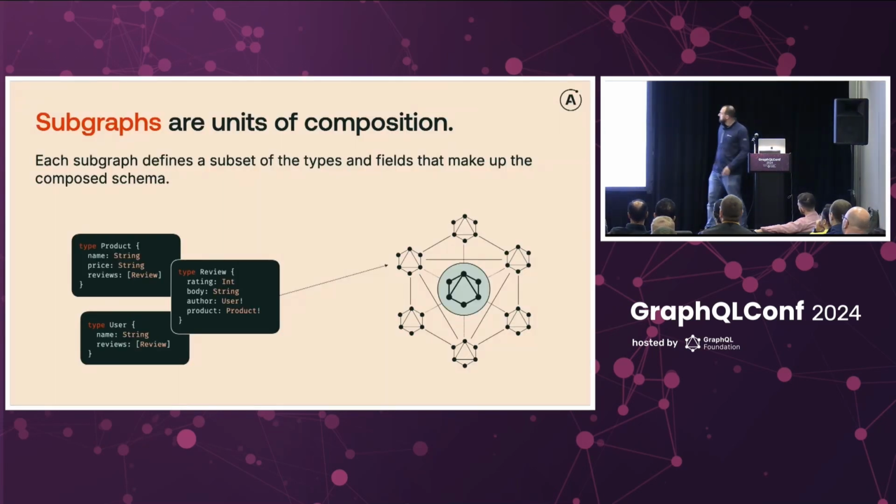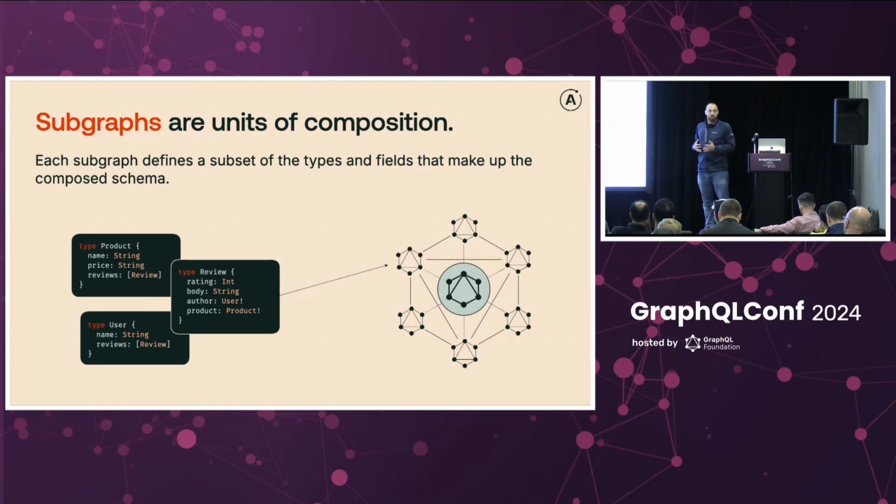So that's where the notion of subgraphs comes in, and composition. Composition is really a very central concept in our approach to federation. The idea is that the model I showed you before, where your API exposes types and fields that make sense from a client perspective, is something every subgraph can now do.